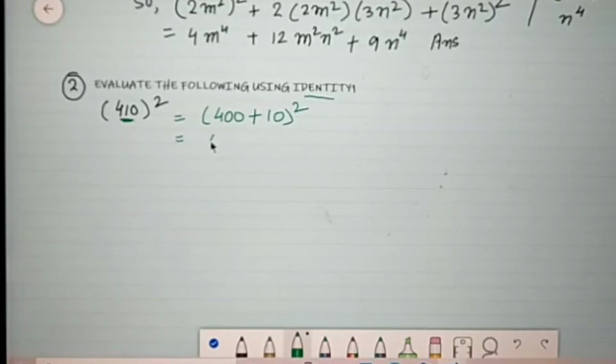The first term is a square of the first term, plus 2 into 400, the first term, into 10, 2ab, and then plus b square, that is 10 square. Now we solve this.